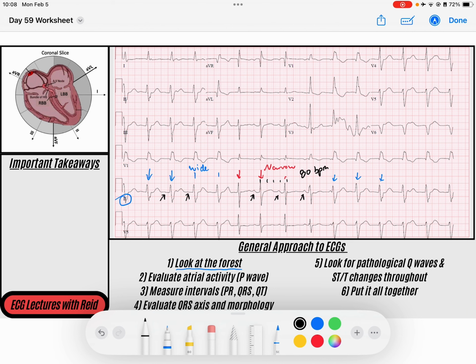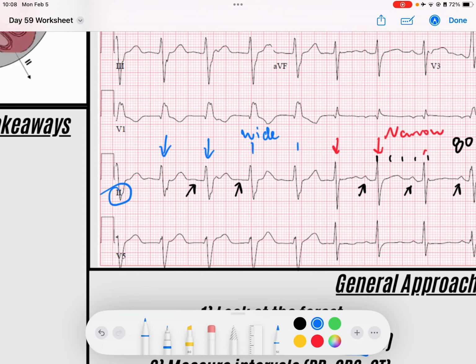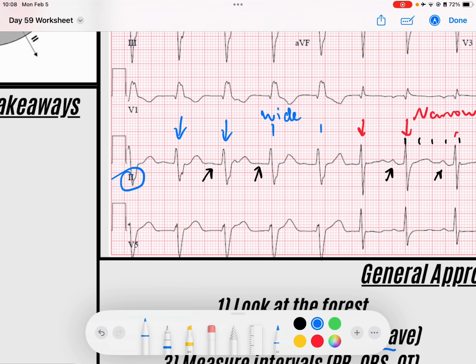So first thing, we're gonna have to maybe adjust our approach to this ECG just a little bit, because we're not just gonna jump straight to the atrial activity. We might do that for our wide complex QRSs. So I'm gonna zoom in on these wide complex QRSs. They're occurring at a rate of, say, 300, 150, 100, 75, maybe 80 beats per minute as well.